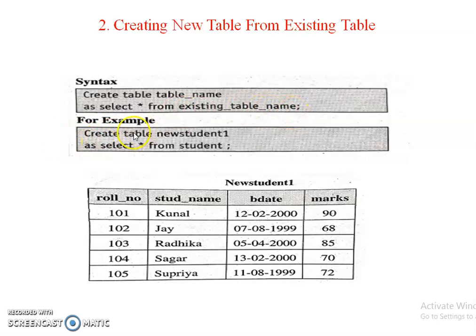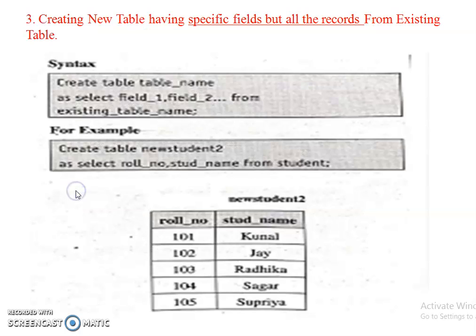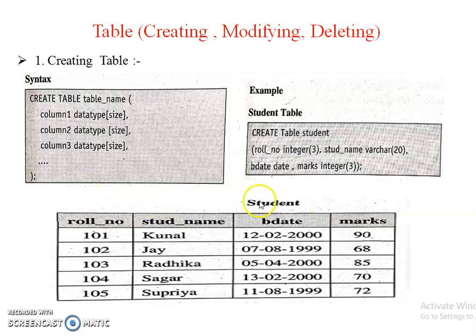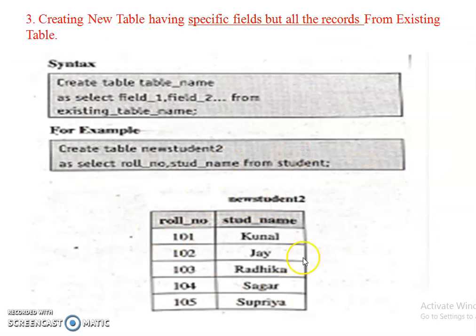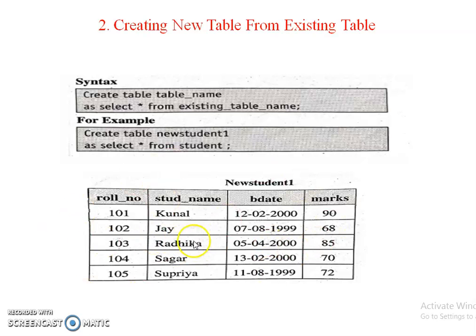So for example, create table new student 1 as select star from student. Here the existing table name is student. This is the structure of your new student 1 table.